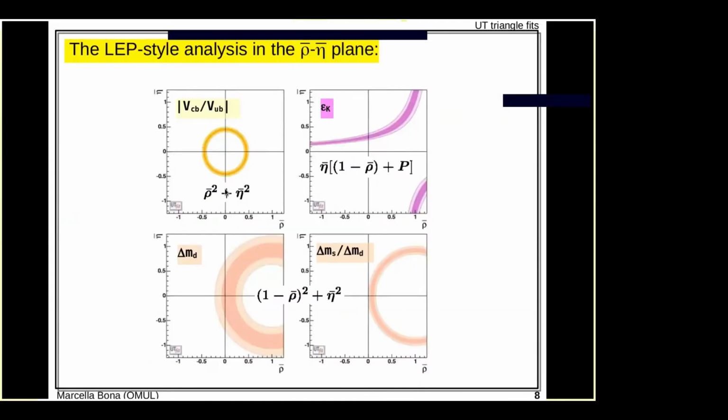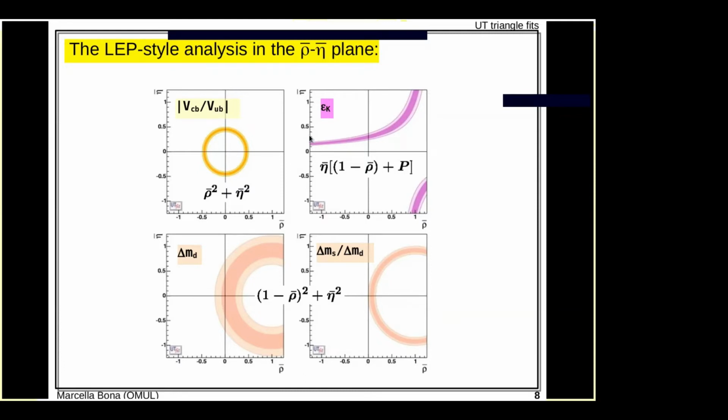Now, as I said, I have a number of constraints that I can use, and I start from, let's say, the oldest one, which we call the lab style or side constraints. And they're linked to B physics, so the B_d physics, and also to kaon physics, but it's still connected to CP violation.